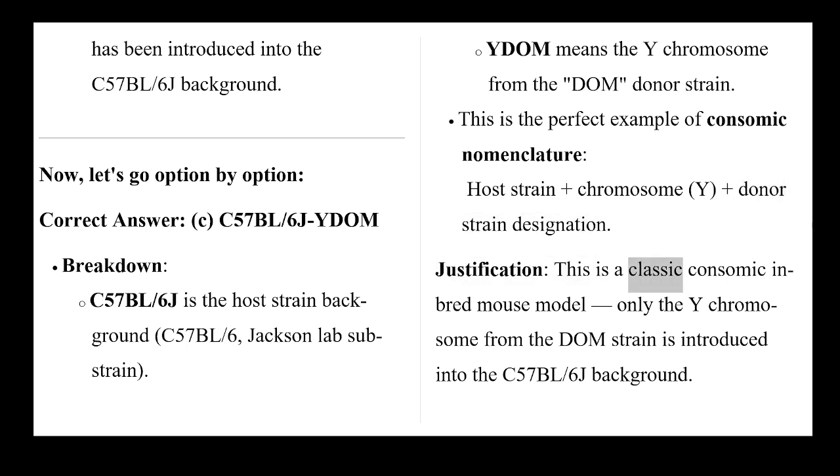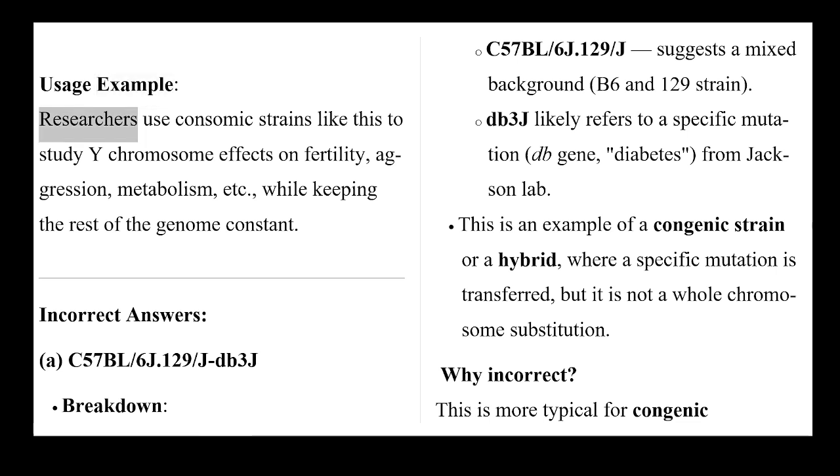Justification: this is a classic consomic inbred mouse model. Only the Y chromosome from the DOM strain is introduced into the C57BL/6J background. Researchers use consomic strains like this to study Y chromosome effects on fertility, aggression, metabolism, etc., while keeping the rest of the genome constant.